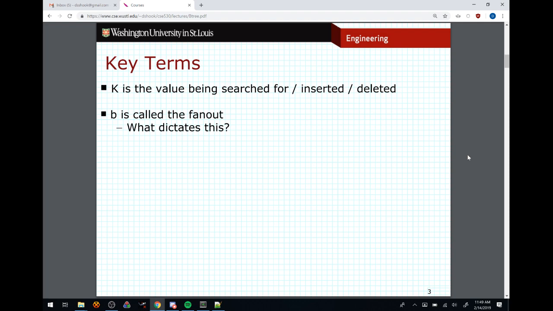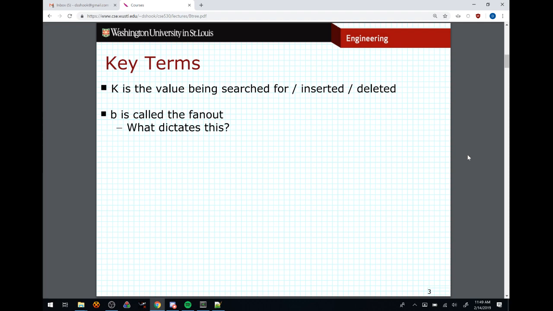So one node is going to go into one heap page. So if I want to know what the branching factor is, it's really how many search keys and pointers can I fit in a single heap page. That's what's going to determine the branching factor for a B+ tree. How much stuff can I actually fit in there?